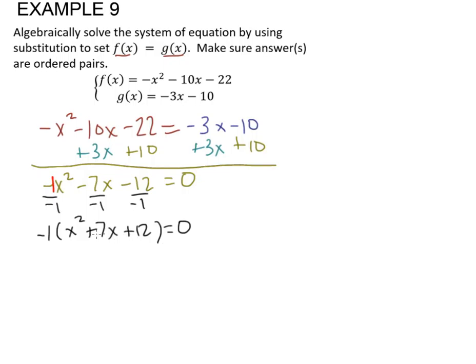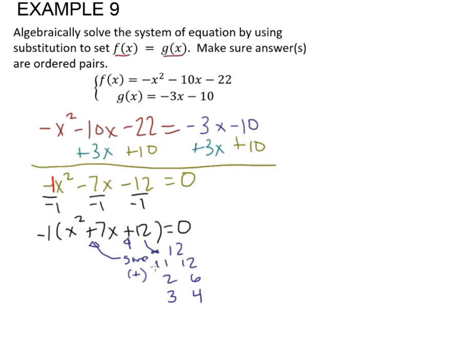Once that is complete, now I can factor it, and I'm going to start with 12. Let's find our factors of 12. They are 1 and 12, 2 and 6, 3 and 4. This tells me they need to be the same, and they need to be positive.